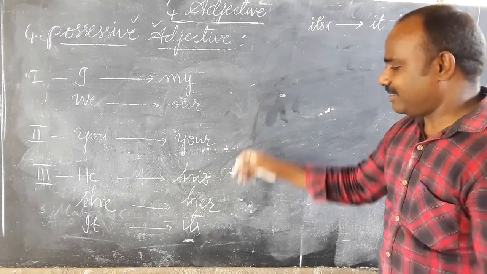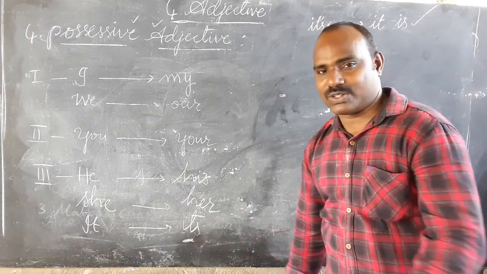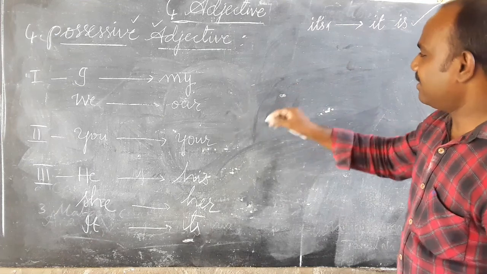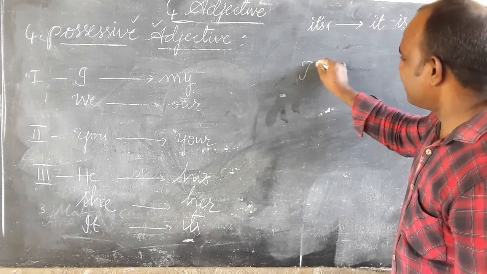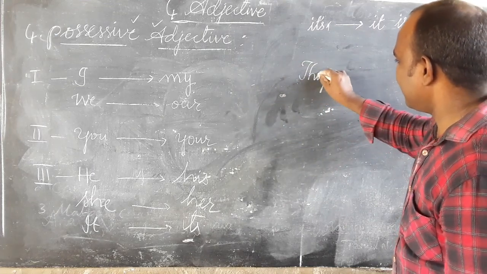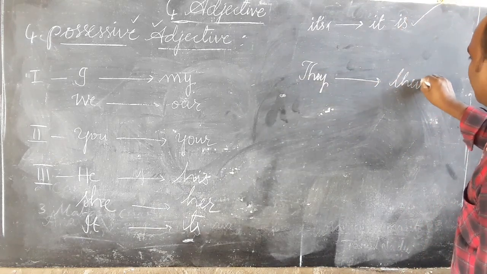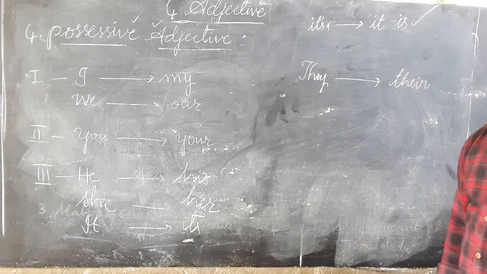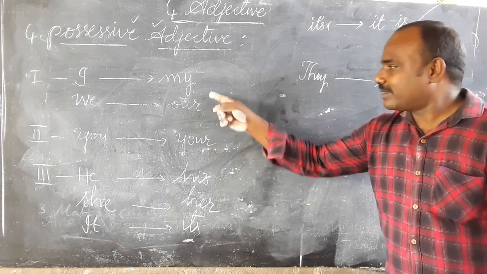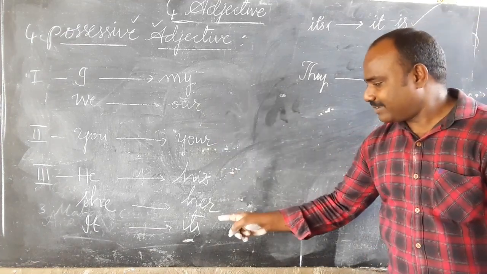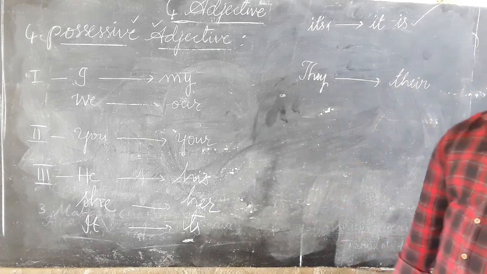You should not write like it here. ITS, no apostrophe. And third person plural, what is that? They, THEIR. So 1, 2, 3, 4, 5, 6, 7.